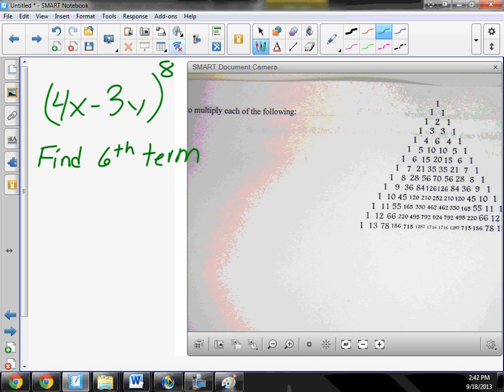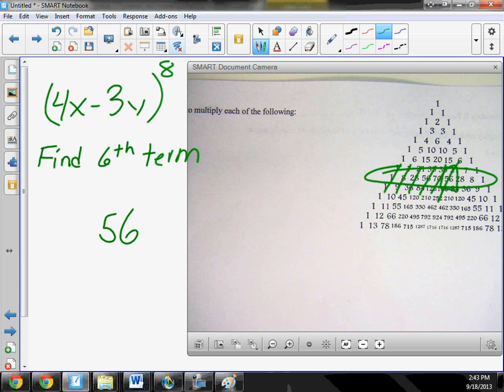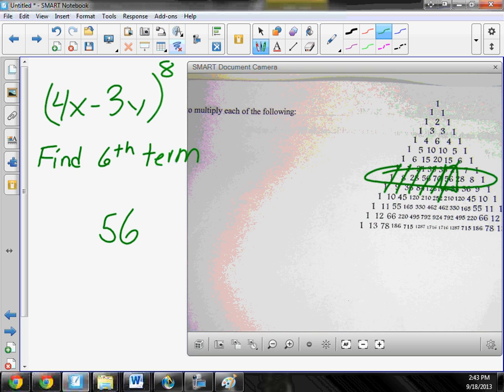Okay? So we look at row 8. 6th term. 1, 2, 3, 4, 5, 6. 56. Right, but the 6th term is the 6th one in order. It's not the y to the 6th term. It is term number 6.